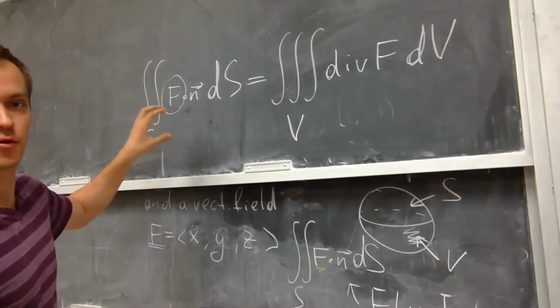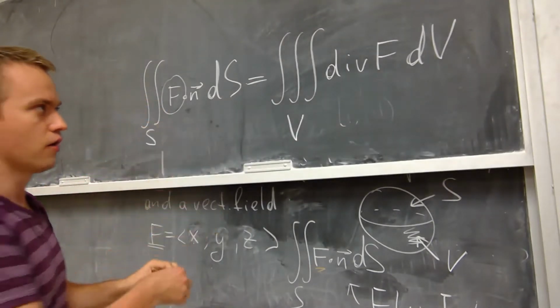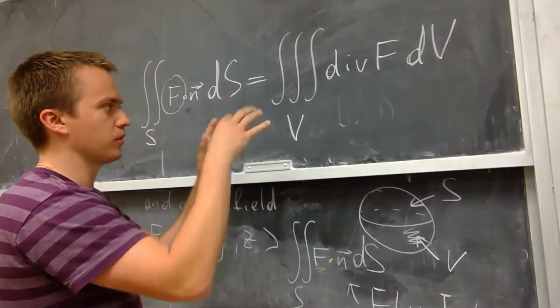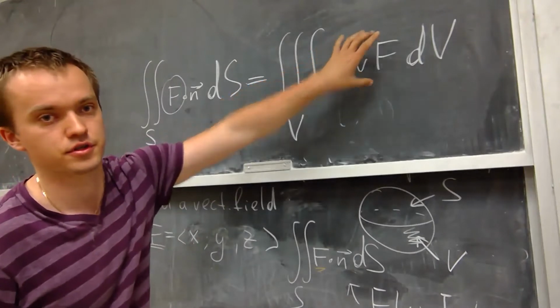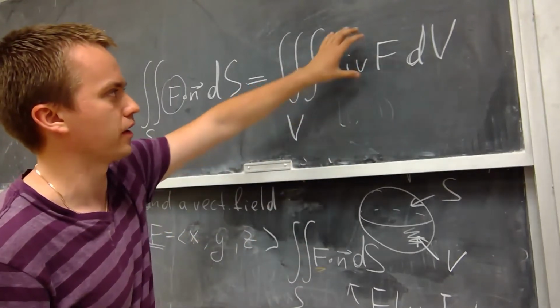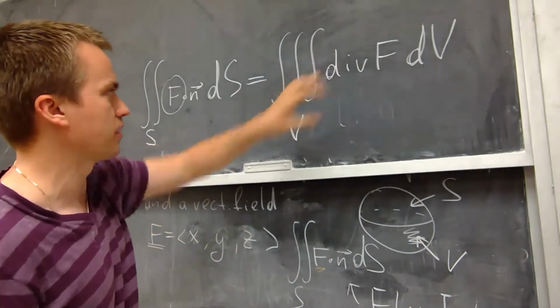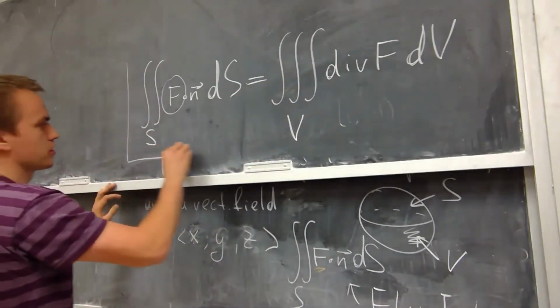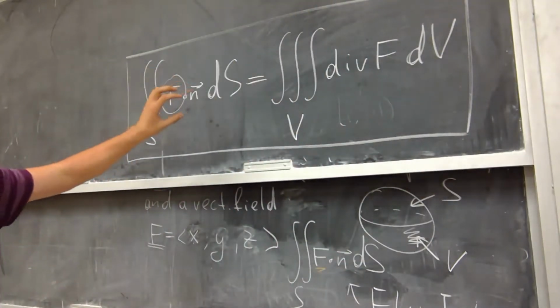From the left-hand side, I have a double integral over a surface. From the right-hand side, I have a triple integral of a scalar function, which in this case is the divergence. I'm going to discuss later the meaning of the divergence, when I give you the intuitive proof of the divergence theorem.